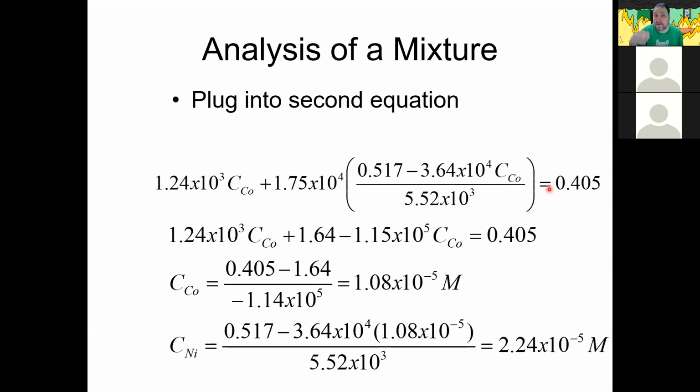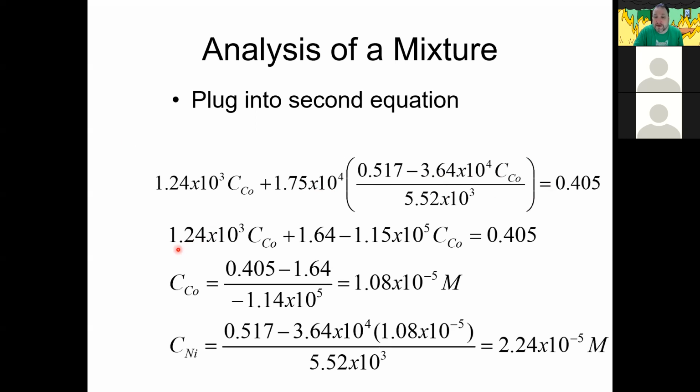And so we've taken our first equation, rearranged it, plugged it into our second equation. Now we've got one equation with one unknown. And then it's just a matter of going through and expanding that and simplifying and solving for cobalt.